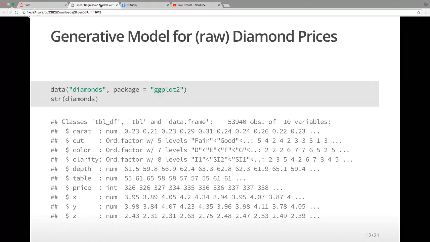Any economists, econ track people? Well, forget diamonds temporarily. How is the price of anything usually modeled?